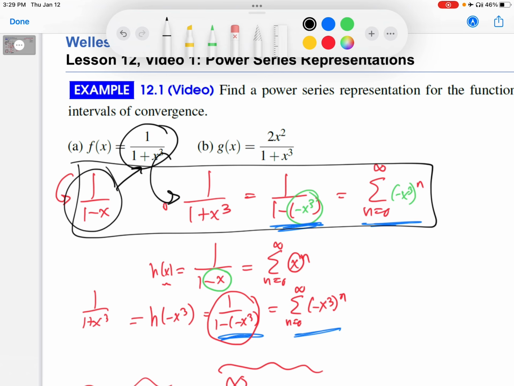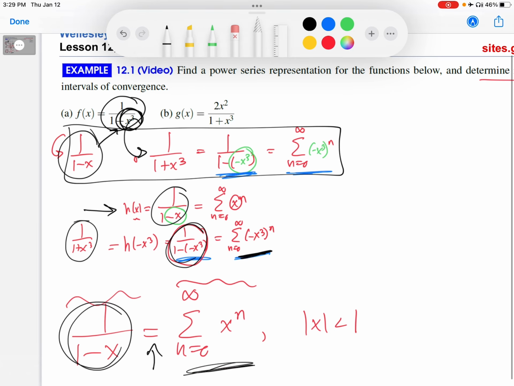The other way over here is starting with the 1 over 1 minus x form, and then substituting whatever I need to substitute, in this case minus x cubed, to get it to look like the function that I'd like to find a power series for, and then carrying that substitution through to the power series for 1 over 1 minus x.